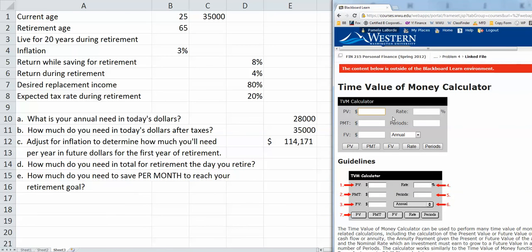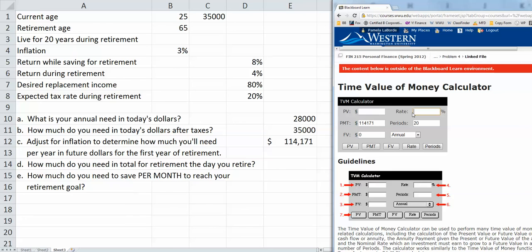And the rate that I will be using, I'm going to talk about payment first. The payment will be initially $114,171. And there are 20 years that I plan to live during retirement. There's no future value for me to worry about. Present value is what I'm solving for. The rate is a little odd this time.